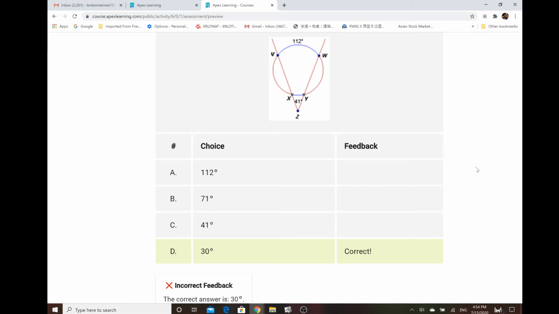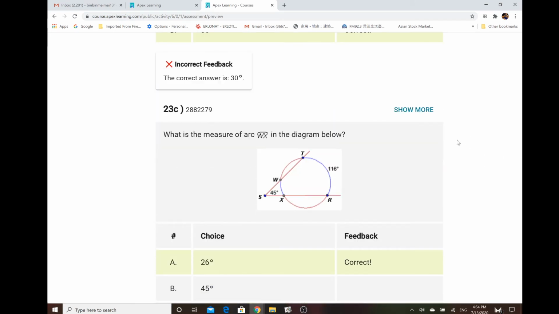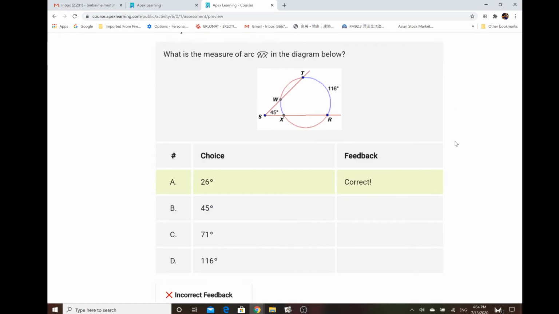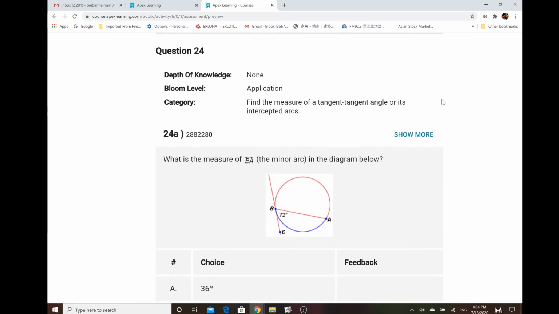Here's another one, using the same formula to find the missing arc. We can also use the same formula to find the missing major arc, depending on which one is missing and which one is being asked for. What's the measure of arc RBA? This one is quite similar to the inscribed angle. If that's a tangent angle, the measure of the tangent angle is always half of the intercepted arc.